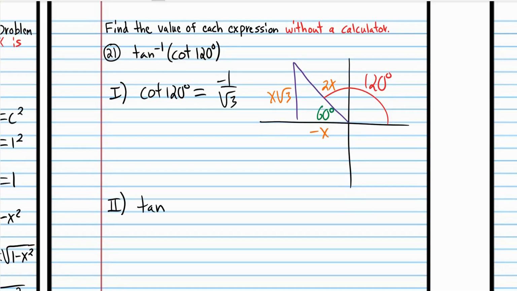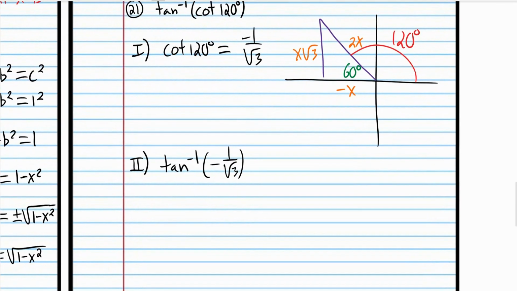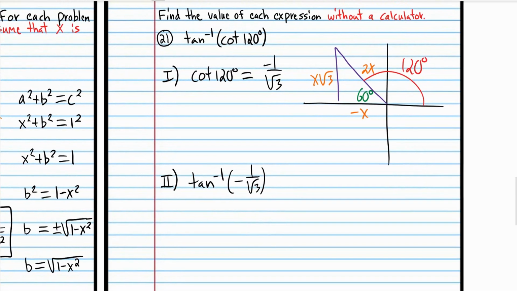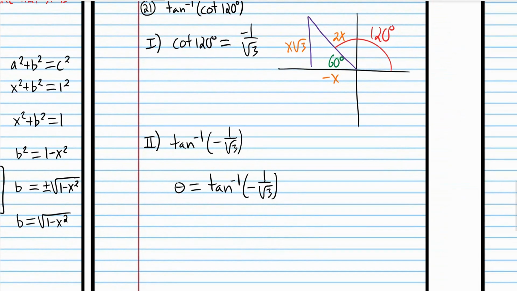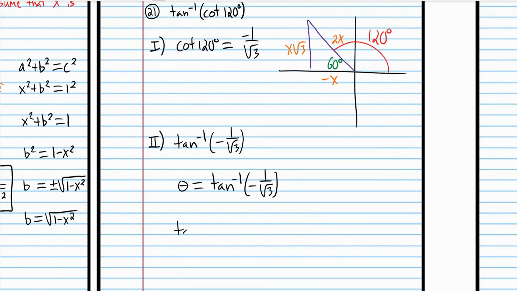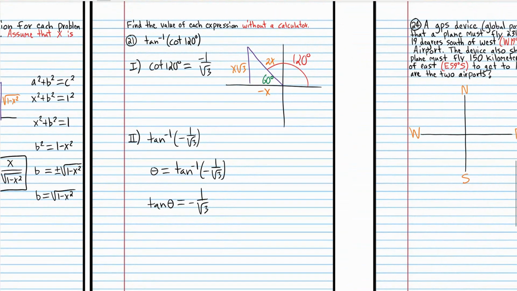So now we're going to find tangent inverse of negative 1 over root 3. But we don't know what this means. So we're going to have to set it equal to an angle, because we do know that it is an angle that we're looking for. That's what that notation refers to. And then we're going to convert the form of that equation, and now we can see what we're actually looking for.